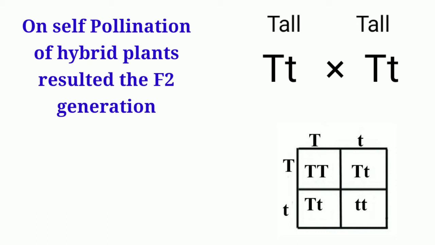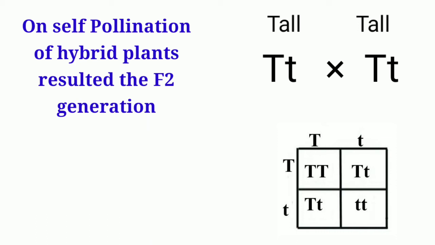Now the male or the female part will bear two types of allele, capital T and small t, and this capital T and small t will divide equally among the gametes during the formation of the gametes.